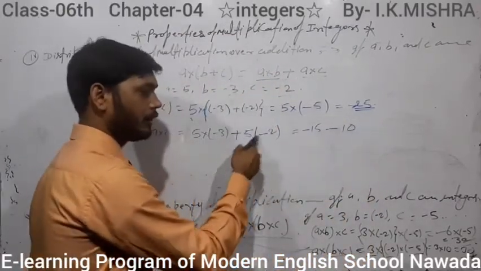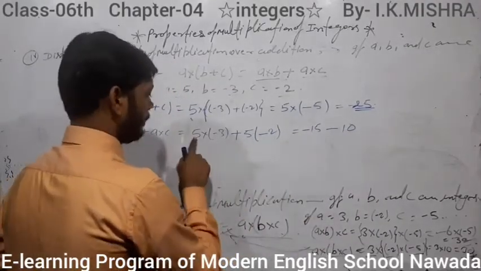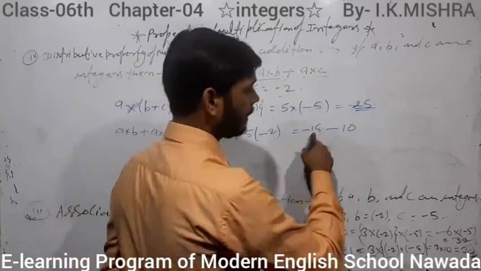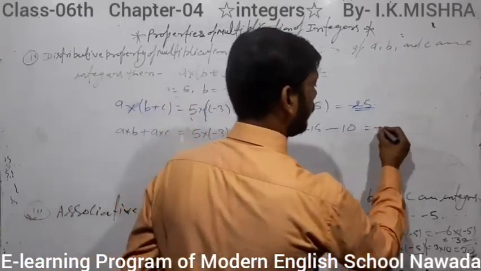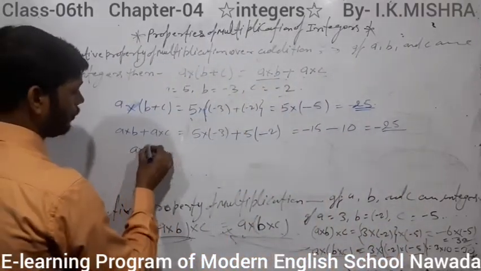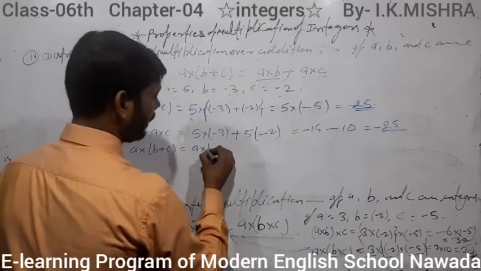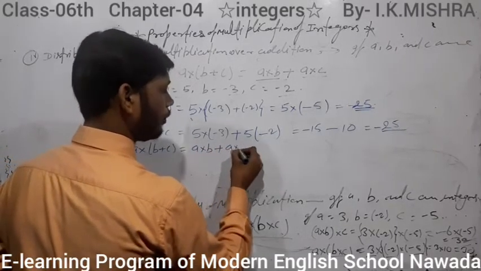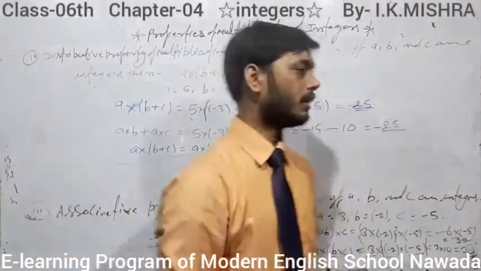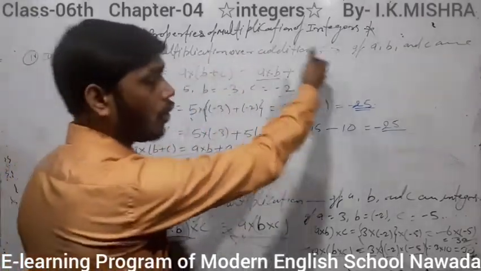When you multiply 5 into minus 2, it is minus 10, and 5 into minus 3 is minus 15, and you know minus 15 minus 10 is equal to minus 25. So students, clear? a into (b plus c) is equal to a into b plus a into c. This is the distributive property of multiplication over addition.